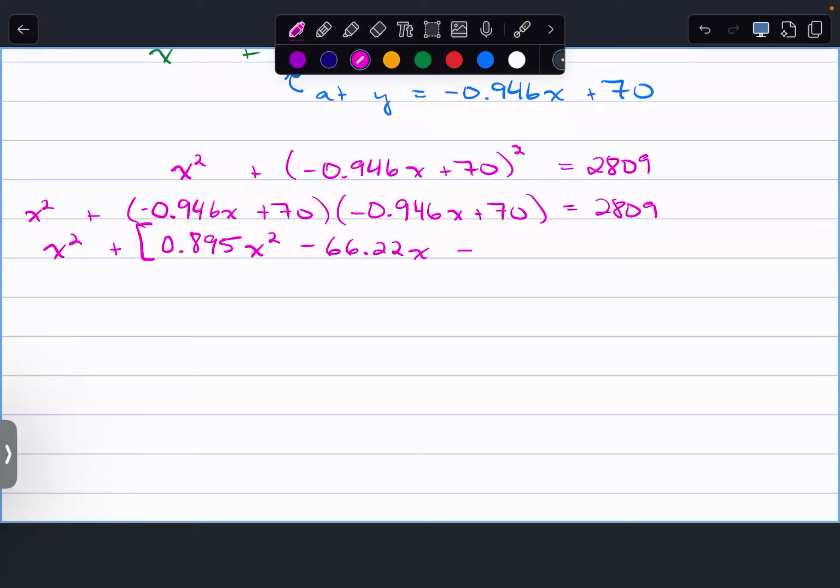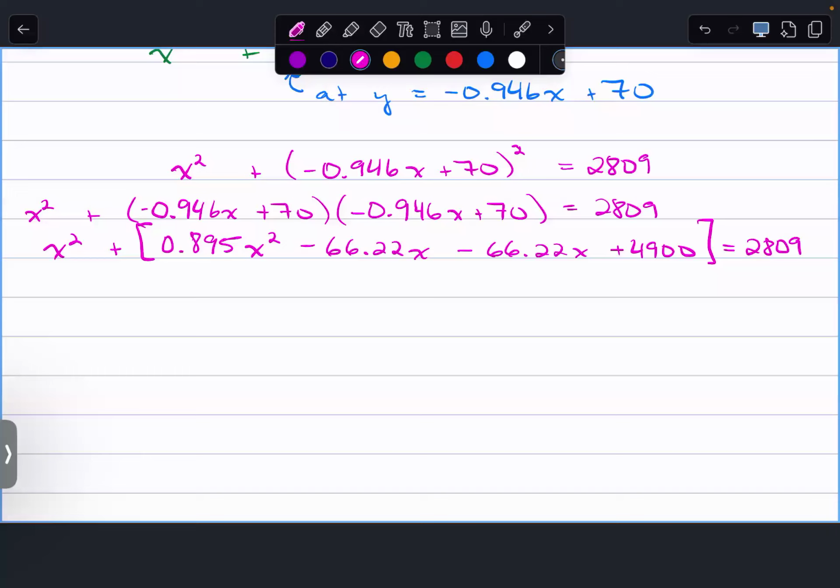So minus 66.22x, and then 70 times 70 is 4,900 equals 2809. Big bracket. Can collect like terms here.